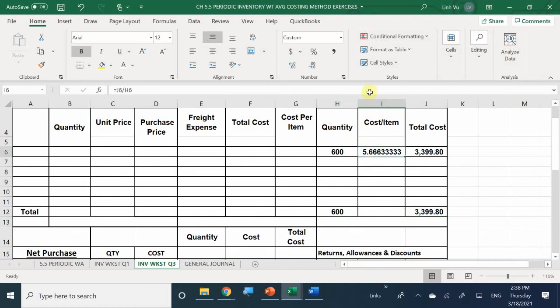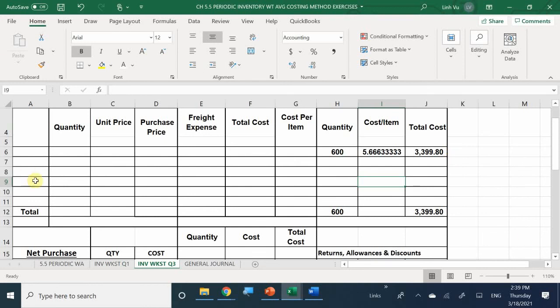To change the decimals, you go up to the format button right here. You either extend to the left or extend to the right. That's just so then you know that this isn't a rounded number. This one you're going to have to calculate but round towards the very end.